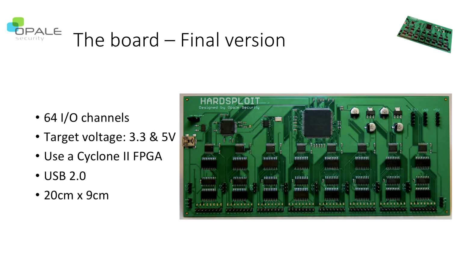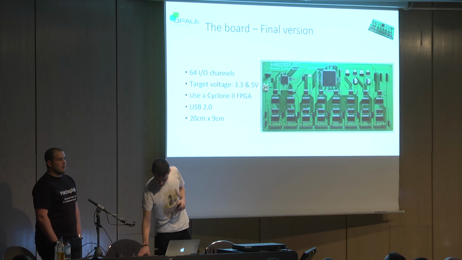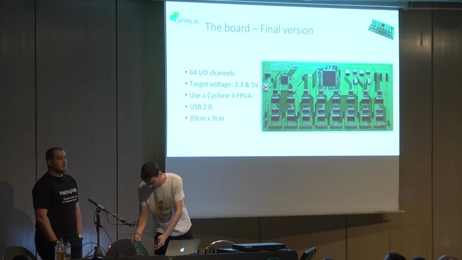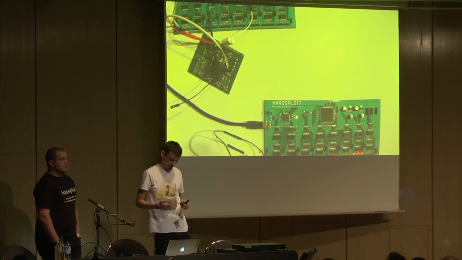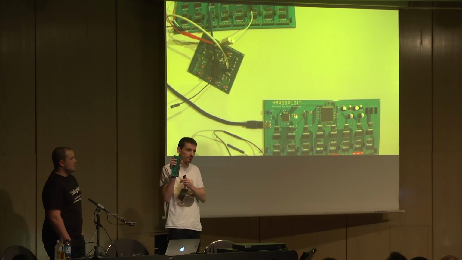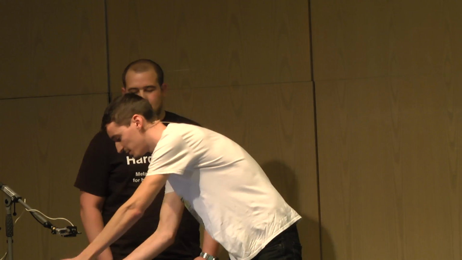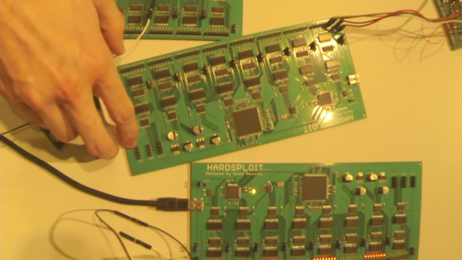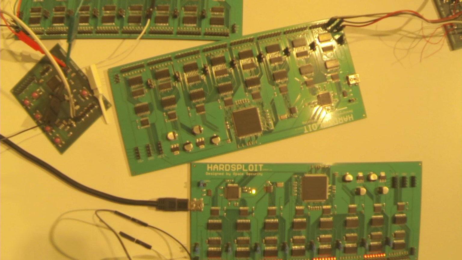We use a Cyclone 2 FPGA, USB 2 communication, and you have protection against ESD discharge. It's important when you plug and unplug yours. As you can see, it's not the size of a USB key, but you can hold it in one hand. It's pretty lightweight and fits in one hand.